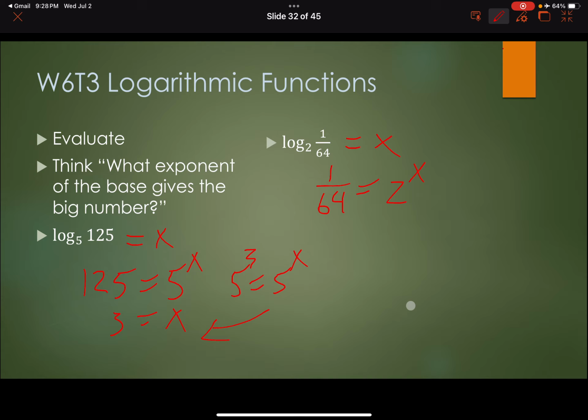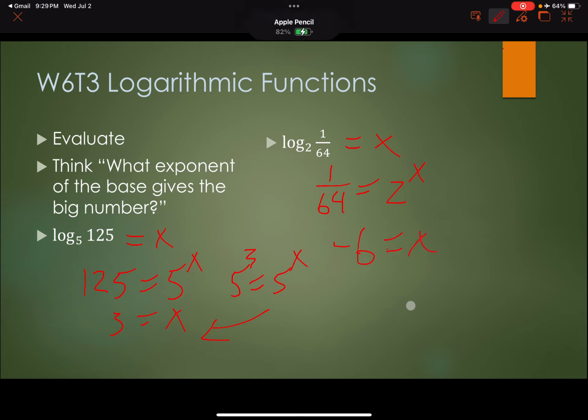Since it's 1/64, we know it's got to be a negative. 2 to what power gives me 64? 2 times 2 is 4, times 2 is 8, times 2 is 16, times 2 is 32, times 2 is 64. So that's the 6th power, but because it's in the denominator, it's got to be negative. So negative 6 is what x equals.